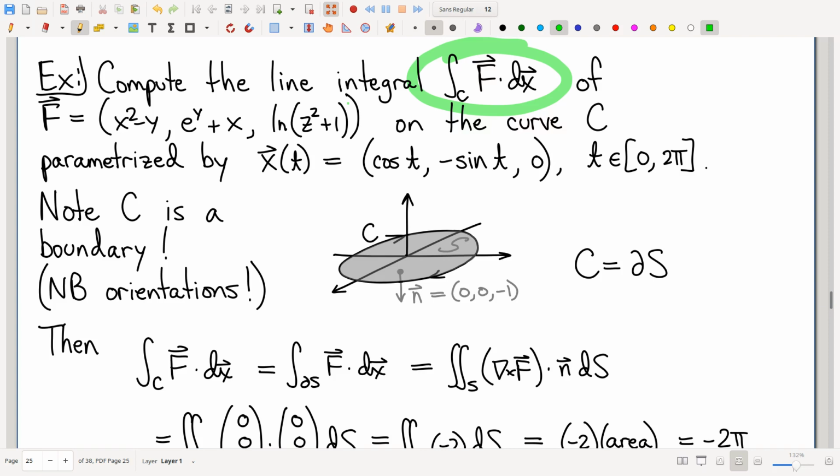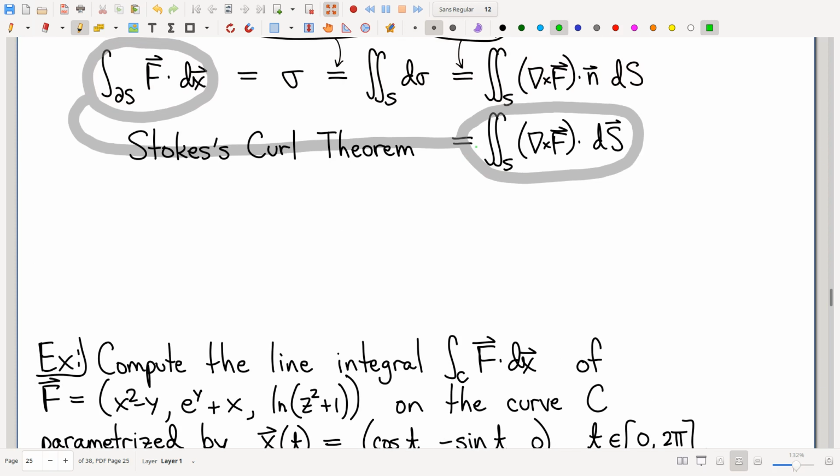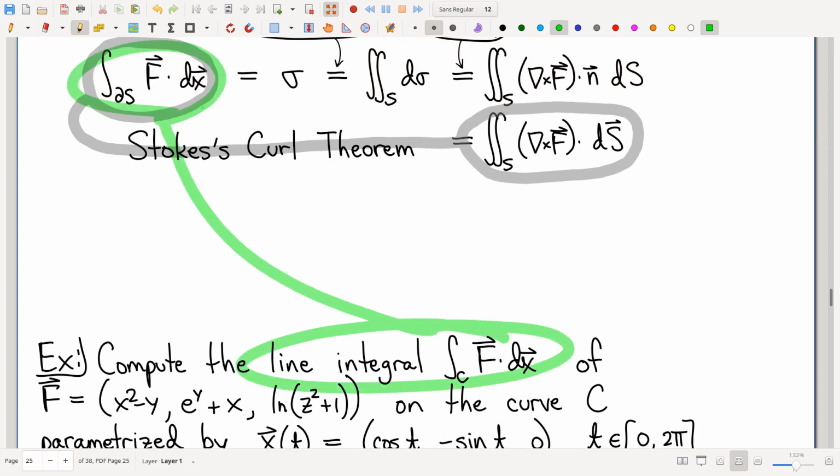So that was a crash and burn. So we're kind of out of ideas at this point. Is there any fortunate geometry? Well, not for a direct calculation of this line integral anyway. So what we're going to do instead is compute this line integral, hopefully, by using Stokes' curl theorem. That's our last chance, and this is going to work out very nicely.